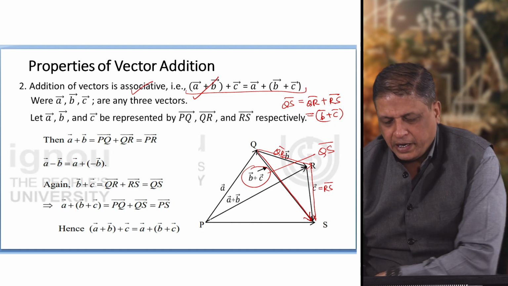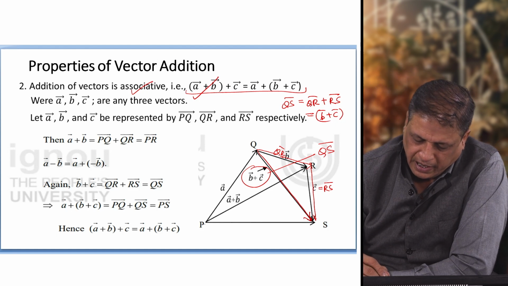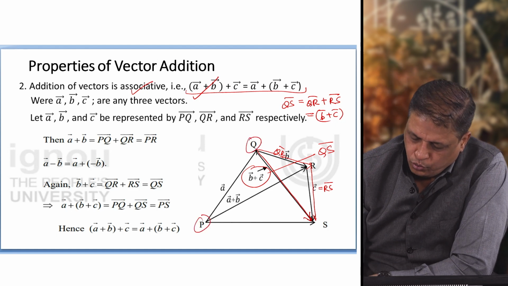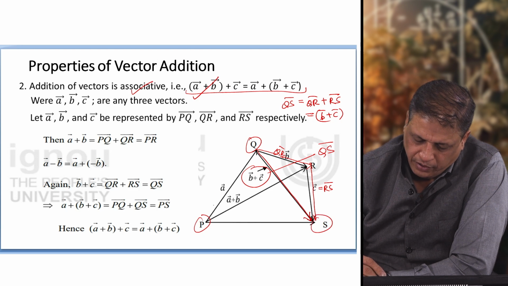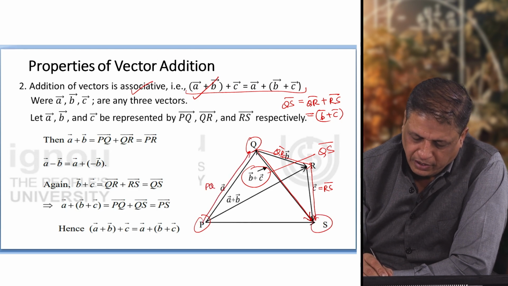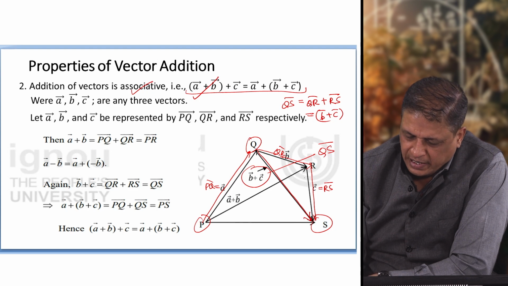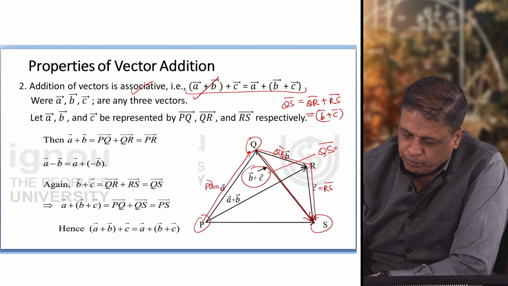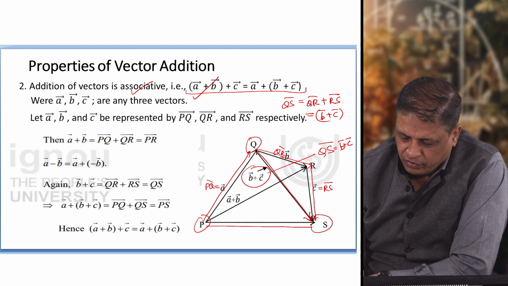Now, again applying the triangle law of addition of vectors to the triangle PQS, wherein vector PQ is A and QS is vector B plus C, the resulting vector will be PS.